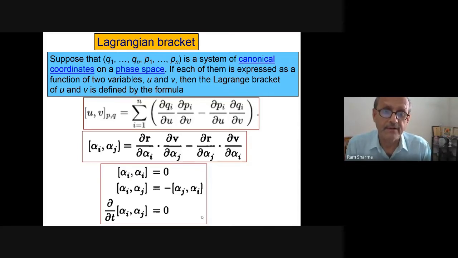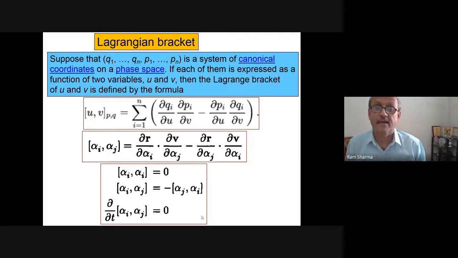So I have written the bracket for alpha i, alpha j as del r by del alpha i dot del v by del alpha j minus del r by del alpha j dot del v by del alpha i, where r and v are the position and velocity vectors, and the alphas are your orbital elements. So these are all Lagrangian brackets. The bracket of alpha i with itself is equal to 0, alpha i alpha j is equal to minus alpha j alpha i, and del by del t of the bracket alpha i alpha j is equal to 0.